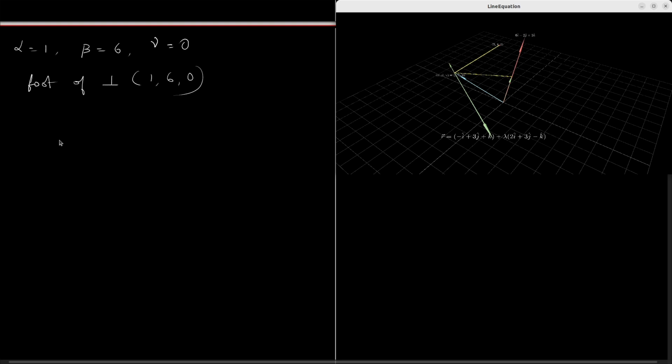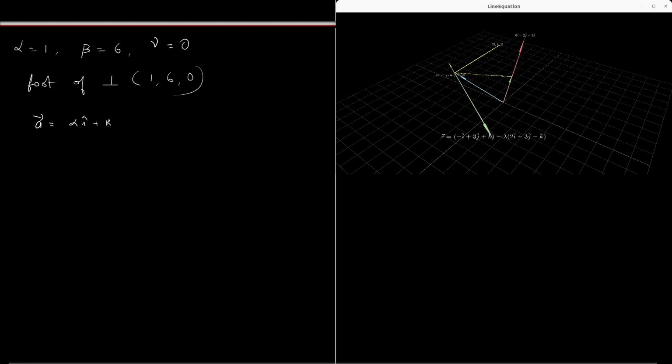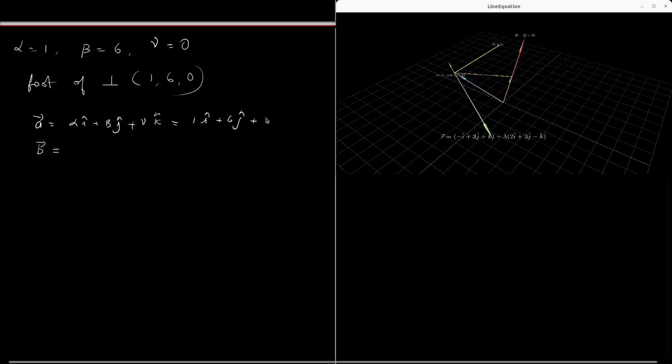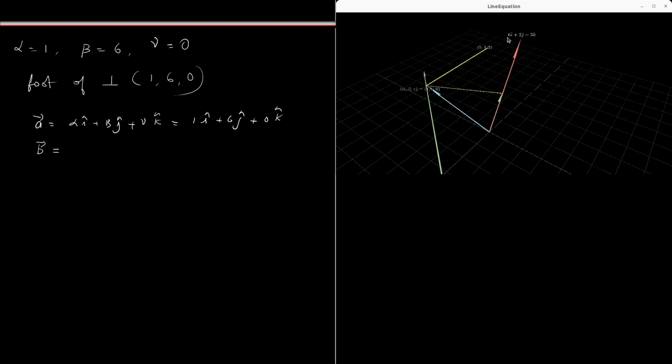Let vector A be alpha i plus beta j plus gamma k, which right now is 1i plus 6j plus 0k. Then let vector B be 6i plus 2j plus 3k.